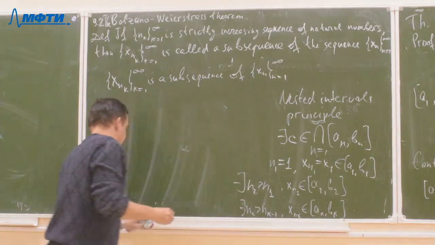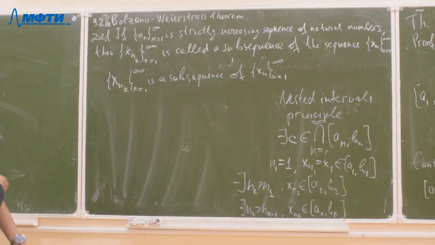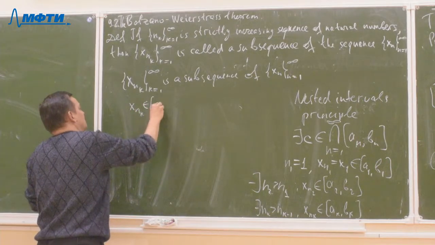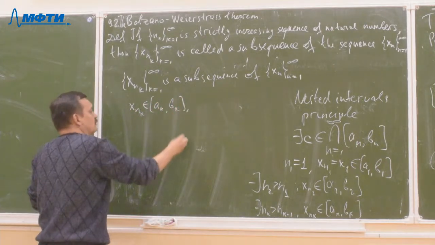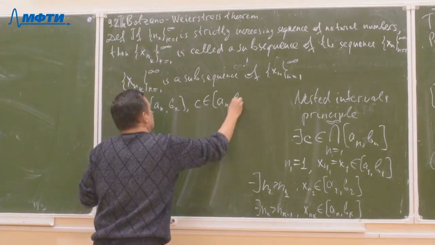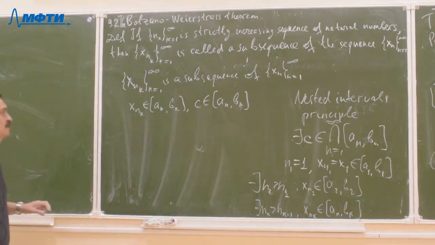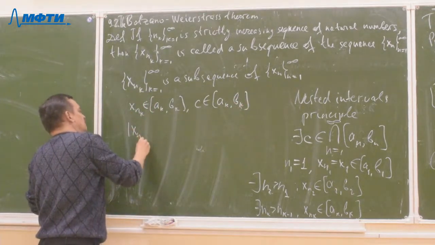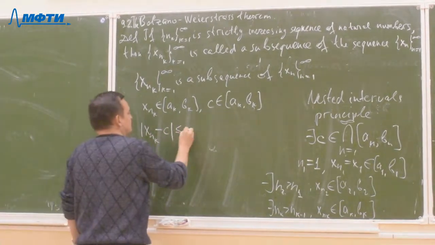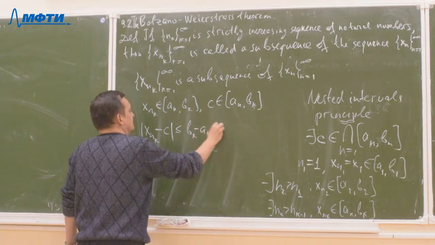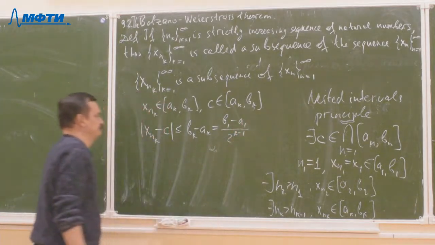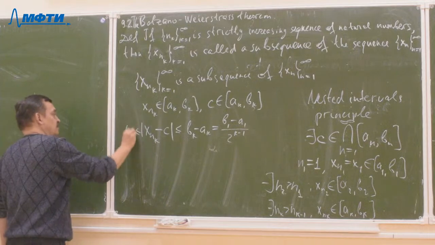And what we know is that x_nk belongs to ak, bk, and also our point C belongs to the same interval. Hence, the difference between those two is less or equal to bk minus ak, which is (b1 minus a1) over 2 to the power k minus 1. Of course, this is greater or equal to 0.